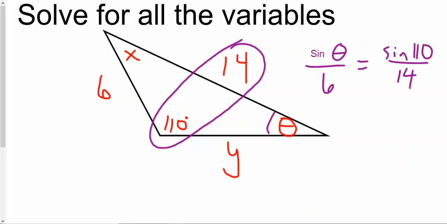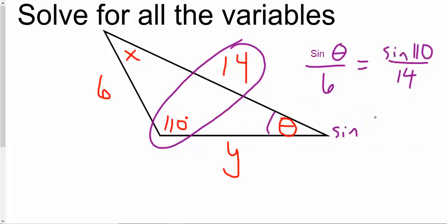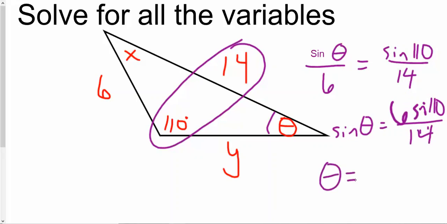And so our first step is going to be to multiply 6 to both sides. And this will get us 6 sine of 110 over 14. And then our last piece is going to be to take the arc sine of both sides.